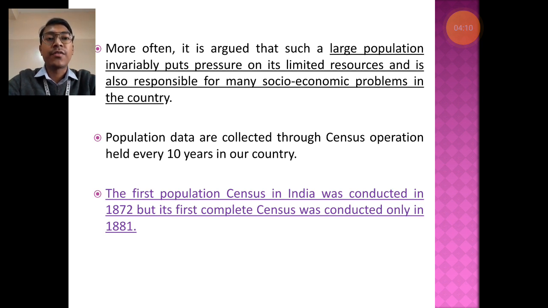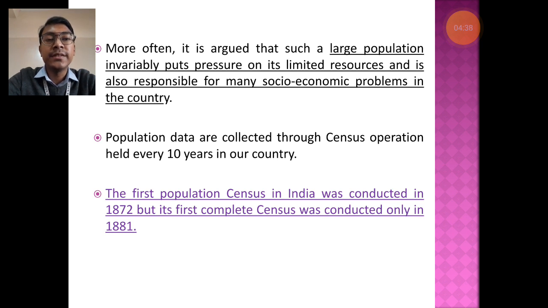And from 1881 onwards, after every 10 years the census is being conducted in our nation. So here you may be getting two questions. In which year was the first census conducted in India? The answer is 1872. And the next question: in which year was the first complete census conducted in India? The answer is 1881.